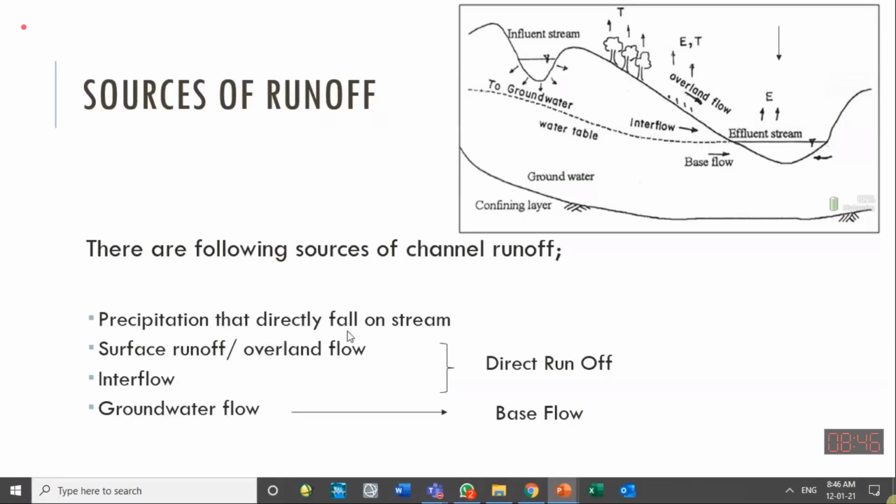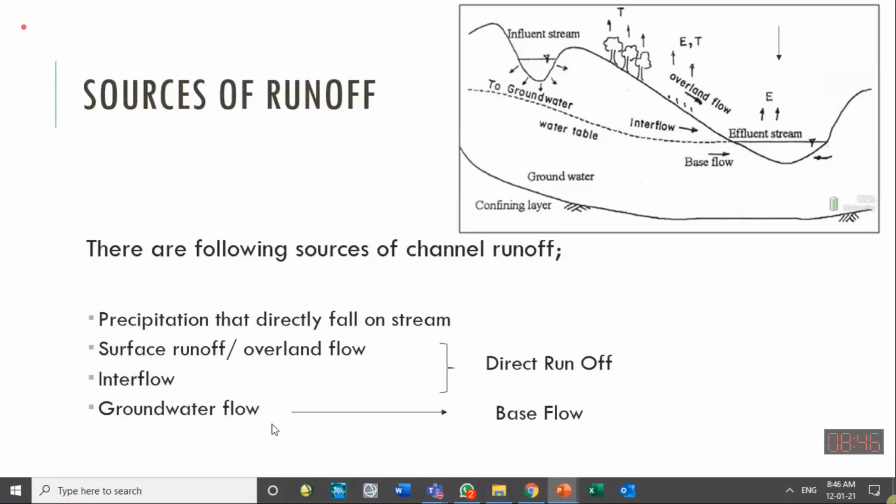These two components, surface runoff and interflow, are relatively quicker and relatively short-lived also. So when precipitation occurs, these two things will occur. But if precipitation stops for quite a long time, both of them will vanish.